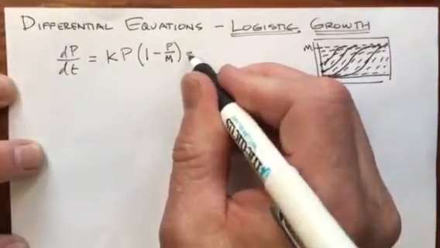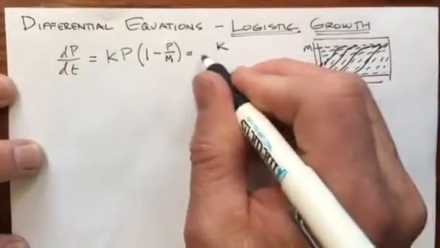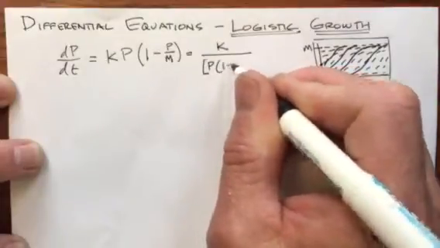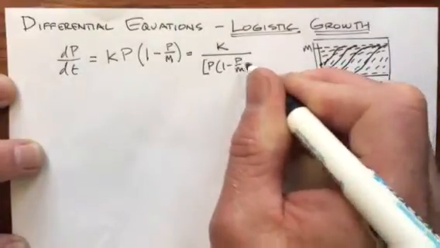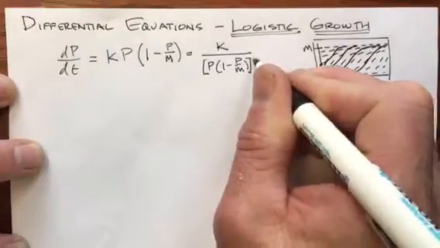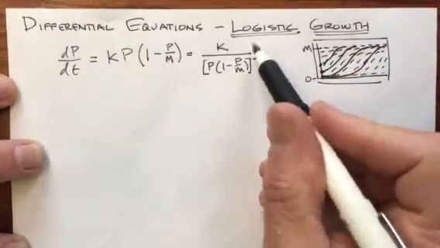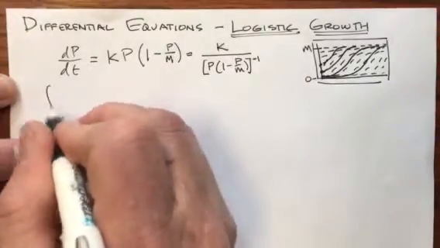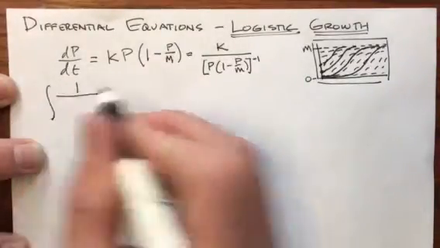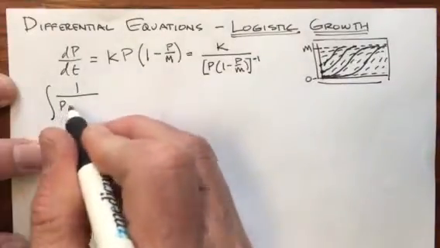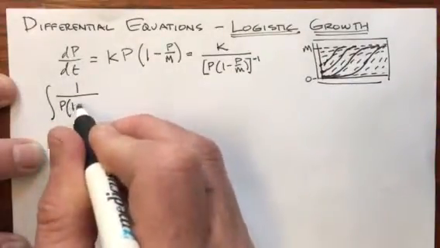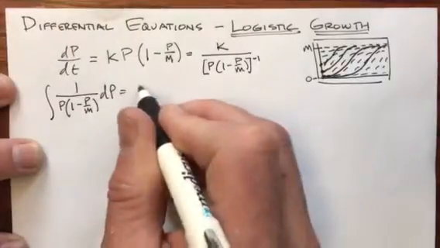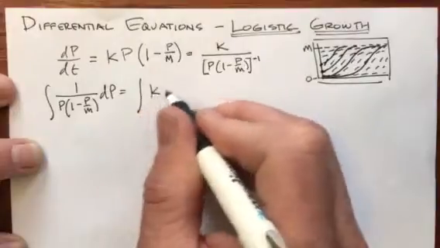Well, we separate this. So we're going to just write this as k over p times 1 minus p over m, to the minus 1. Same thing, that minus 1 and flip it up above, and that's what we started with. So then I can write the integral then as the integral of 1 over p times 1 minus p over m dp, and that's going to be equal to the integral of k dt.